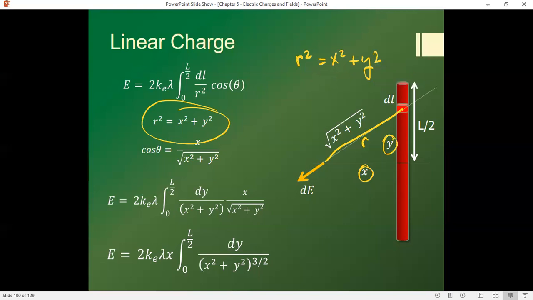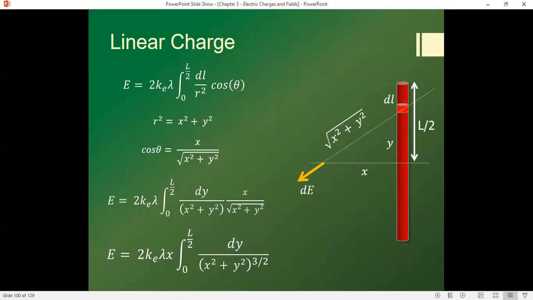The other substitution that I can make is a little less obvious. I'm going to replace cosine theta. We know cosine theta is equal to the adjacent divided by the hypotenuse, which in this case, the adjacent side to theta is x.